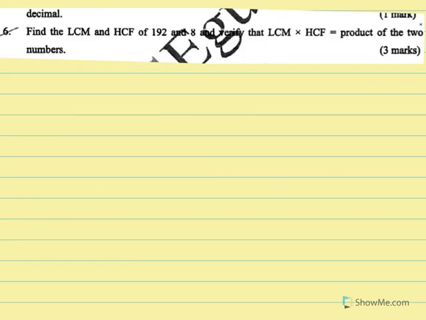Find the LCM and HCF of 192 and 8 and verify LCM into HCF equal to product of two numbers. Prime factorization of 192 is 2 raised to 6 into 3, and of 8 is 2 raised to 3.